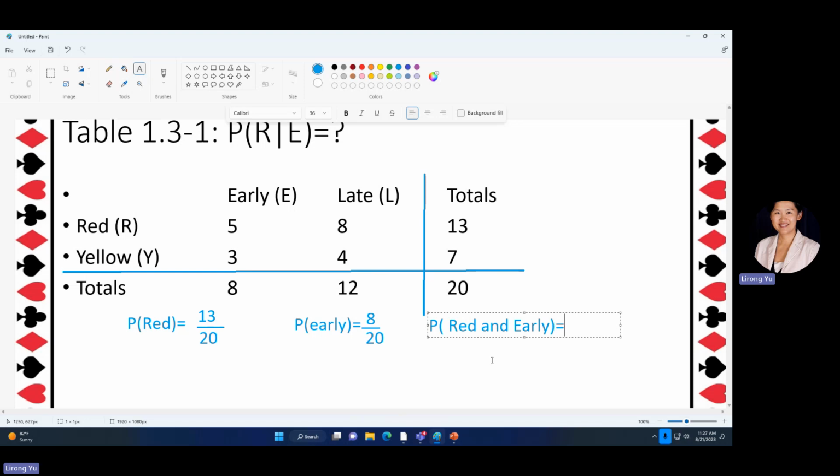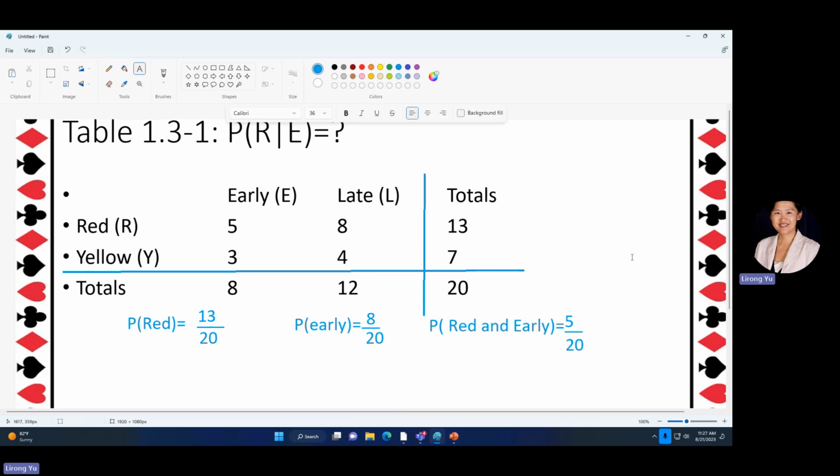I hope that makes sense. So if you get a table like this, red and early is 5, right? So you're going to find this one, take the 5 and divide it by 20. This is how we calculate the probability of AND events.